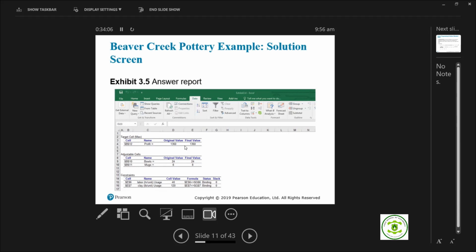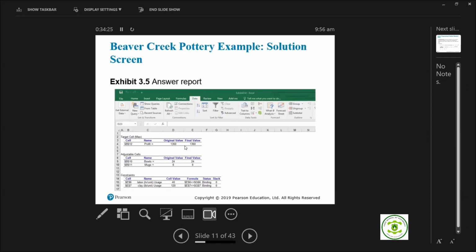So we say that constraint is binding. Okay. So that is the report for the answer, and that is how you interpret it.